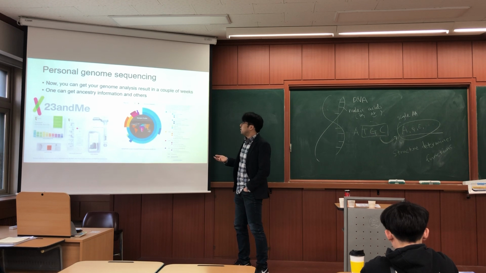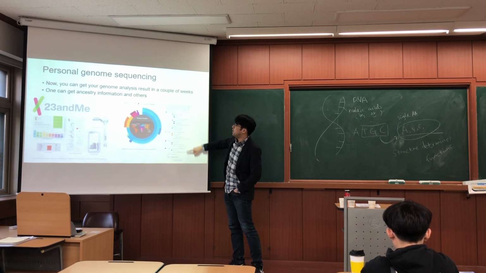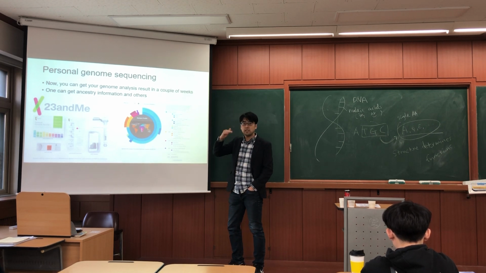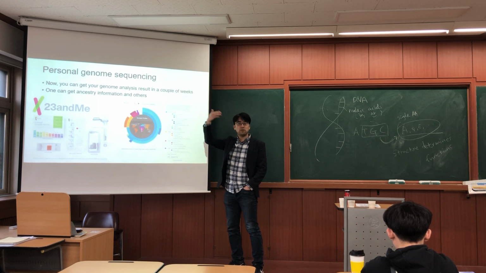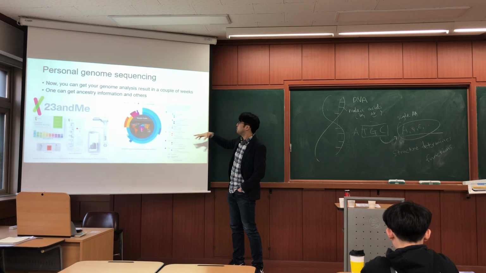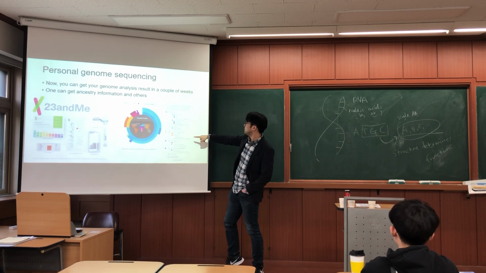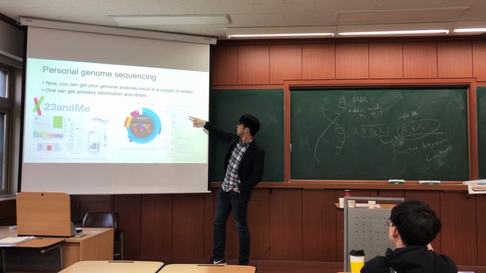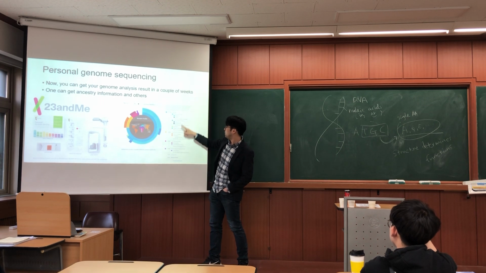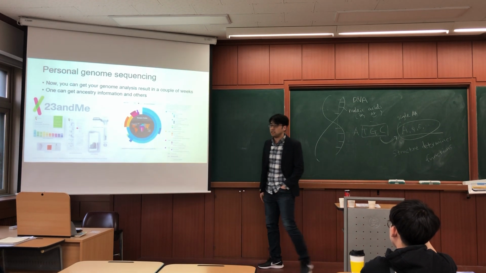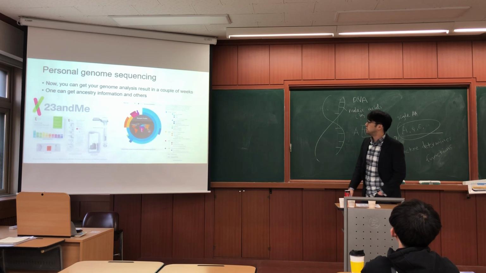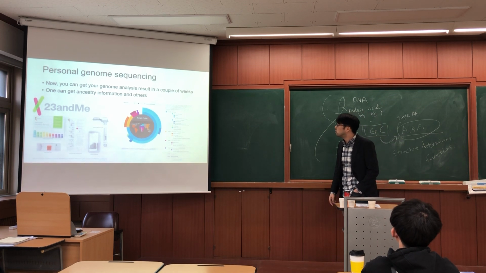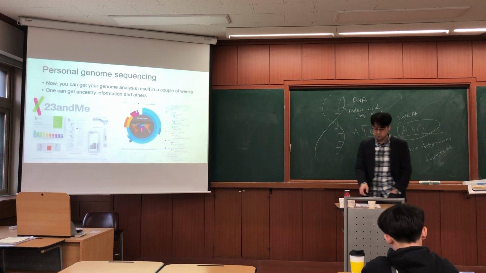Also, you can find out your ancestry. Ancestry means where your ancestors came from. For example, in this example, this person is 70% European, 10% East Asian, 5% Southeast Asian, and 1% Middle Eastern or something like that.